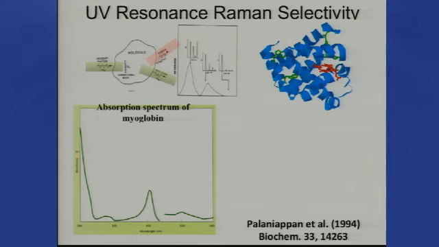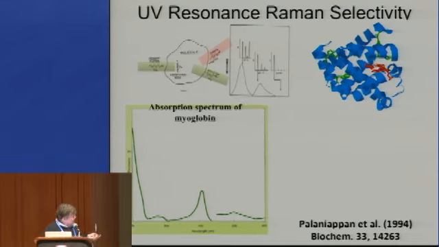Whereas as you go further in the UV, you see the absorption bands of the aromatic amino acids, and then the very steep absorption incline of the pi-to-pi star transitions of the peptide bond. And as we change our excitation wavelengths, we get different resonance Raman spectra.